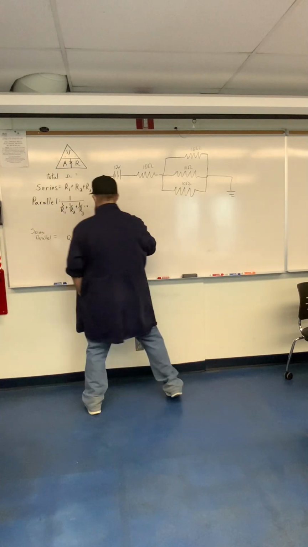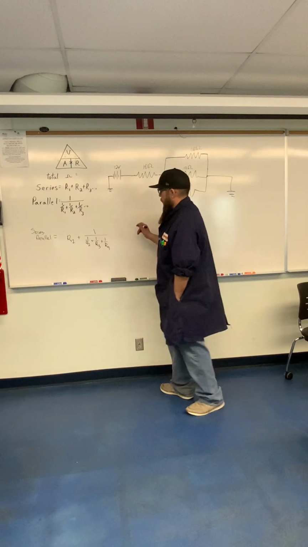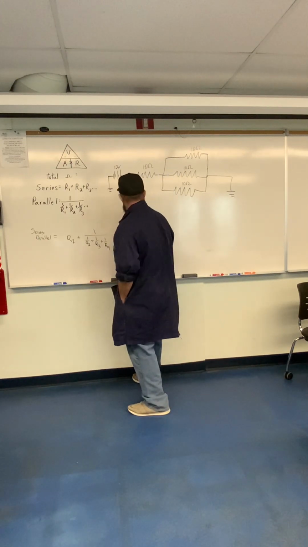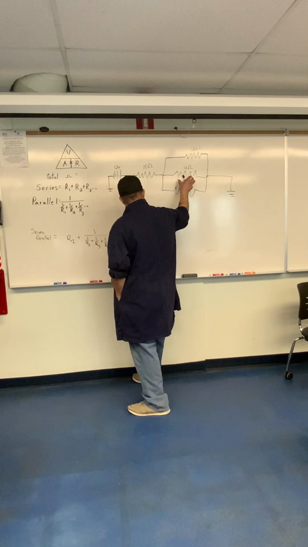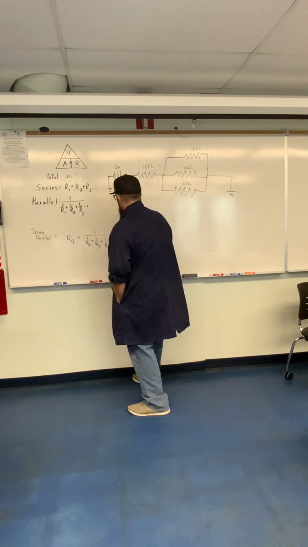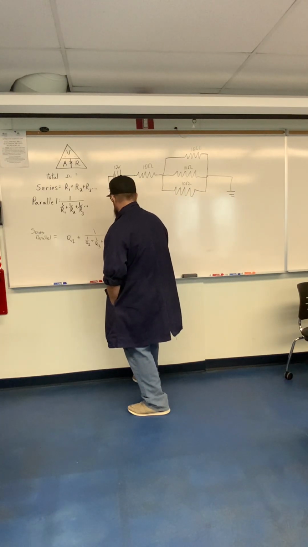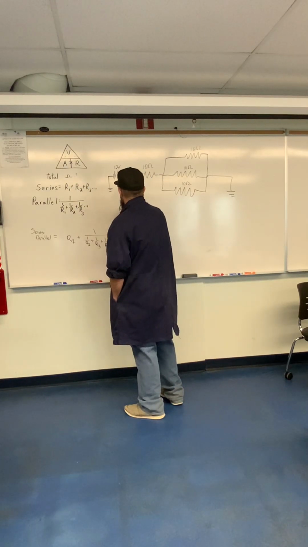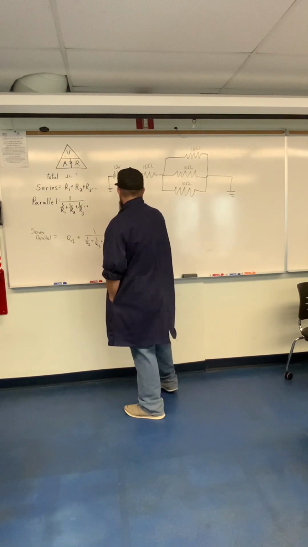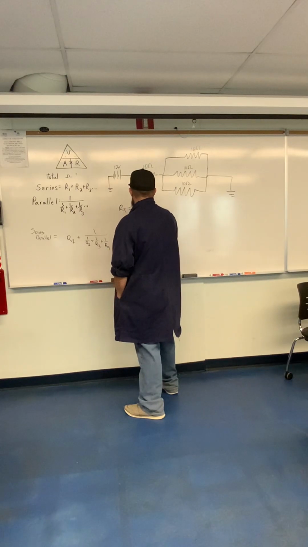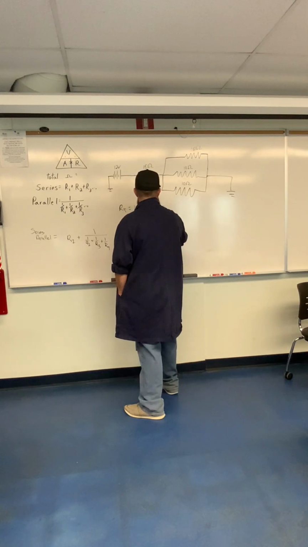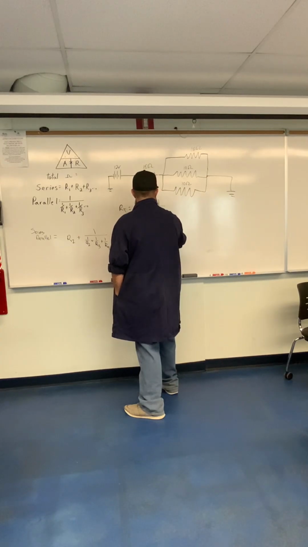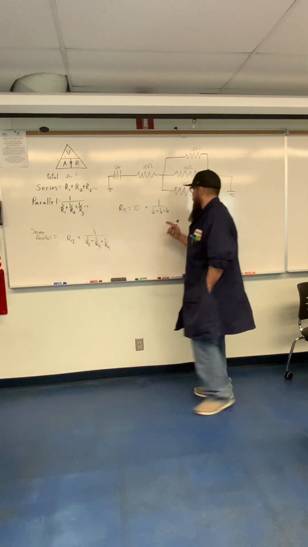So if we plugged all the numbers into this equation, we'd end up with RT equals 10 plus 1 over 10 plus 1 over 10 plus 1 over 10.